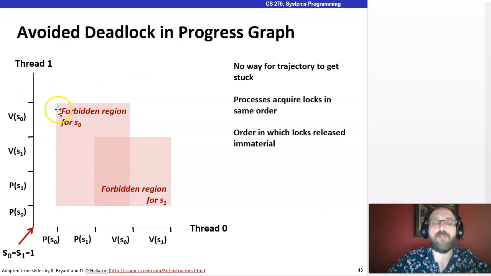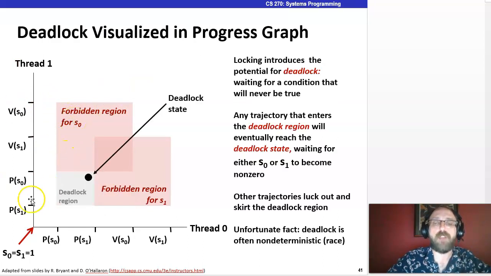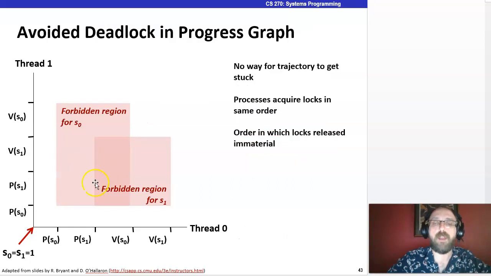We've extended the forbidden region down. So instead of looking like this, it looks like this. And now there's no way for the trajectory to stop. There's no corner here where the only place we could move would be into a forbidden region, which we can't do.